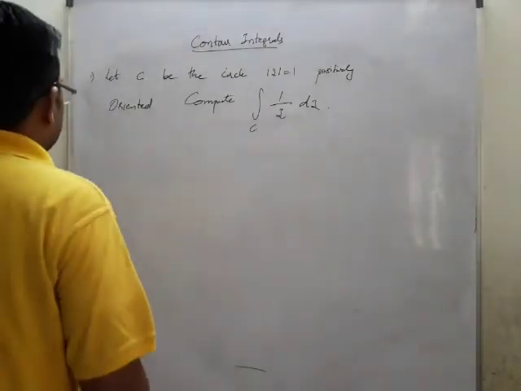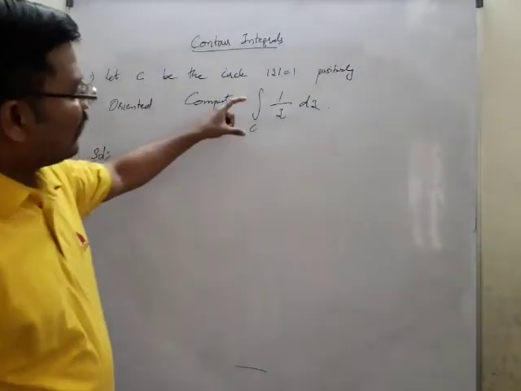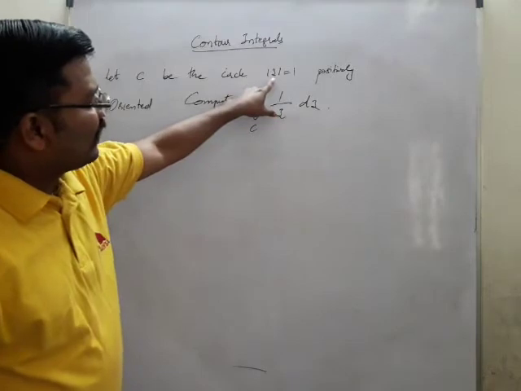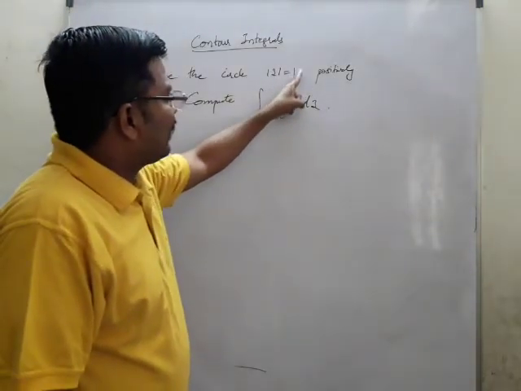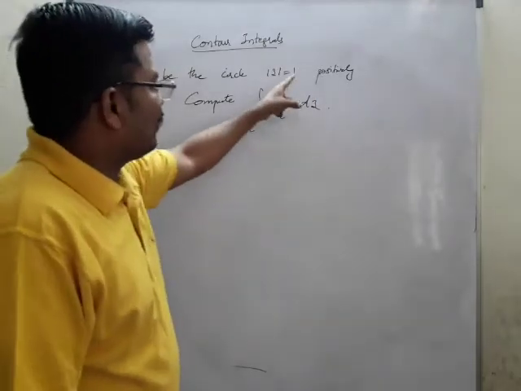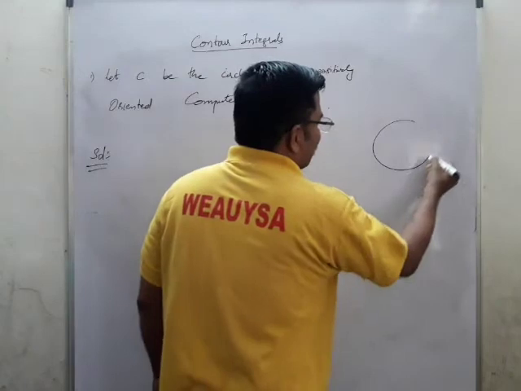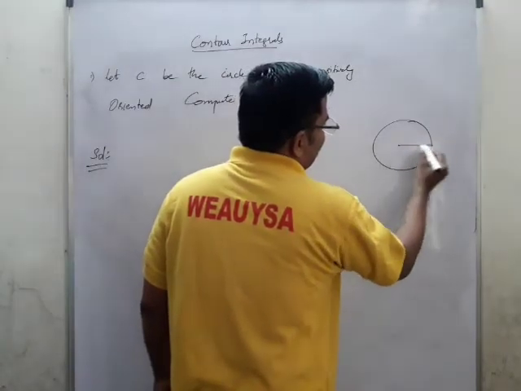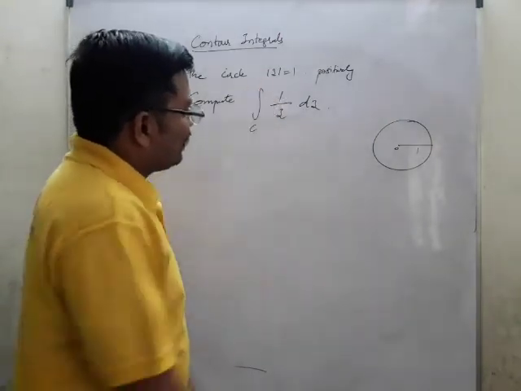Okay, solution. Here what is given is the circle with center 0, and mod z is equal to 1 means the radius is 1. This is a circle with center 0 and radius 1.